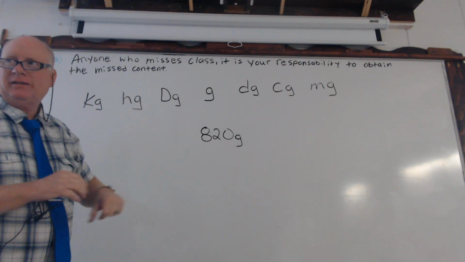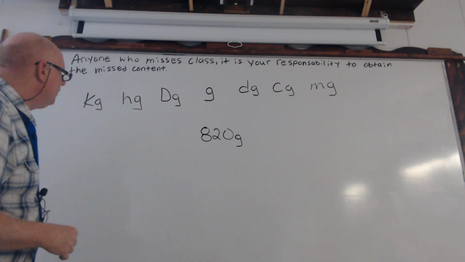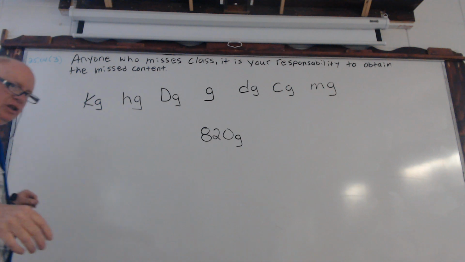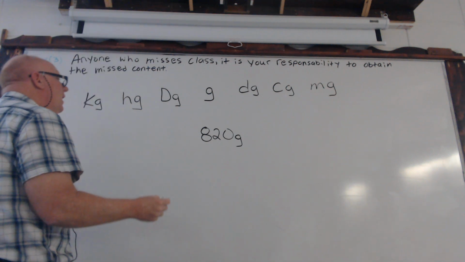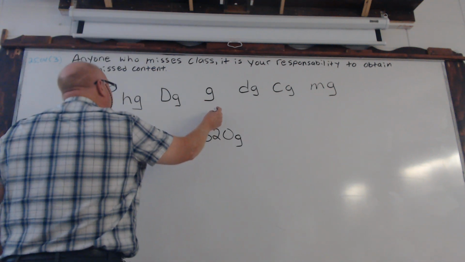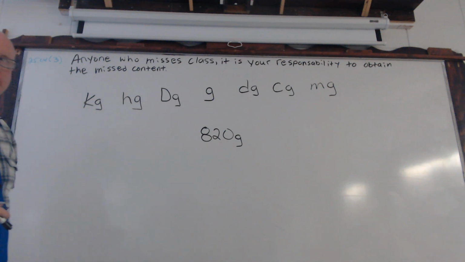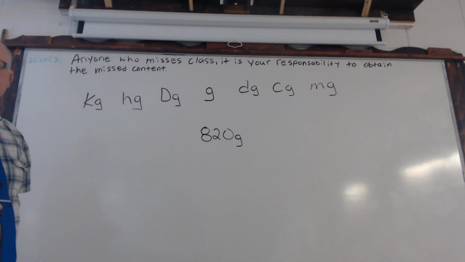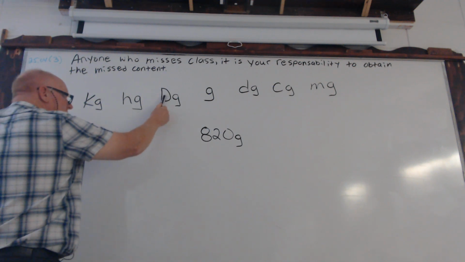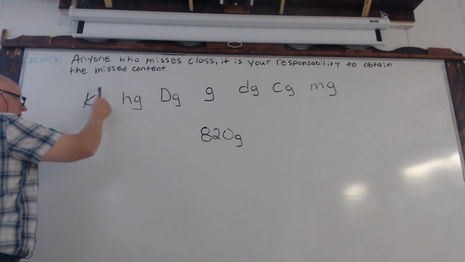You are correct. So we are moving that value to the left. How many times would you guess? Twice. How many times would you guess? 3 times. Okay, because we're going to move it to the decagram, the hectogram, and the kilogram.